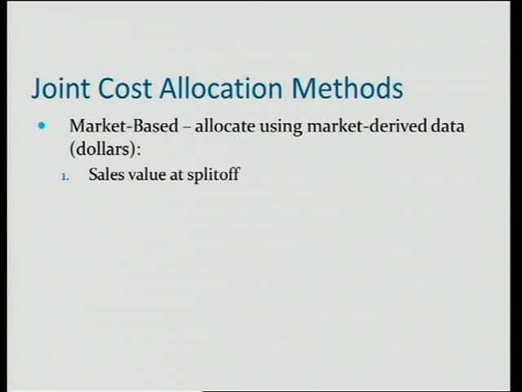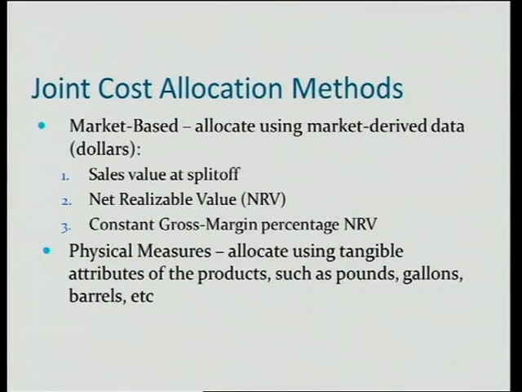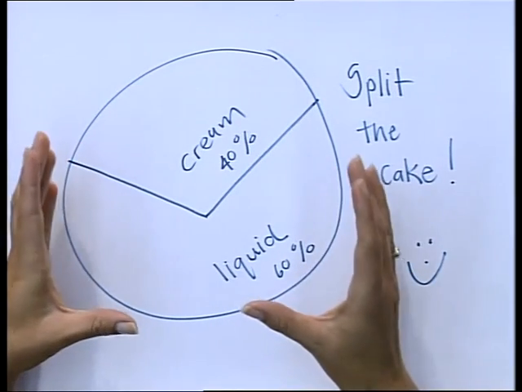Sales value at split-off point. So what can you sell the products for if you can sell them at the split-off point? Net realizable value, we'll speak a little bit more about that. And constant gross margin percentage, NRV. So what are we actually looking at in this slide? We are looking at how we are going to split the cake. If we look down to this diagram, now I've just drawn this quickly, we are splitting the cake in different ways.